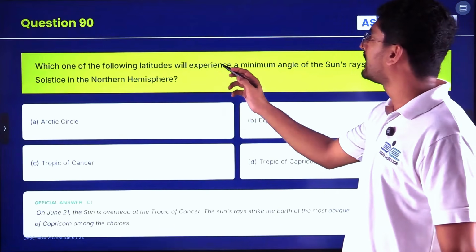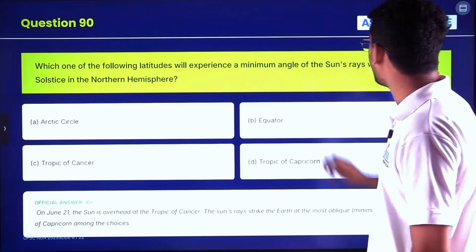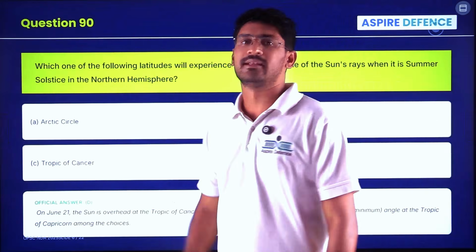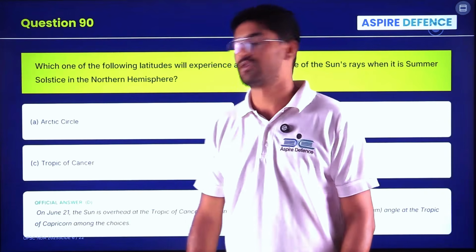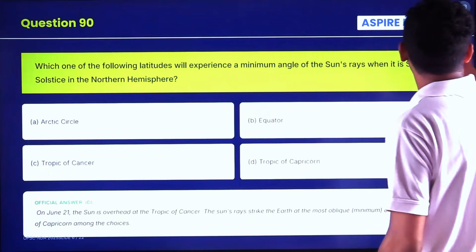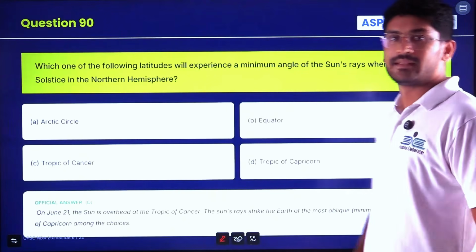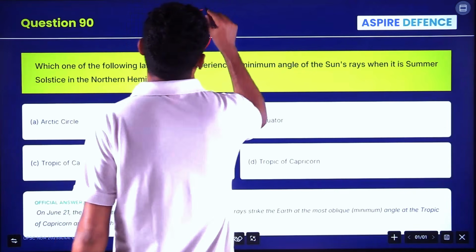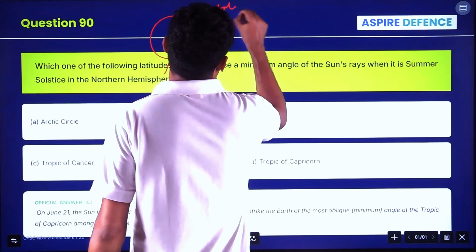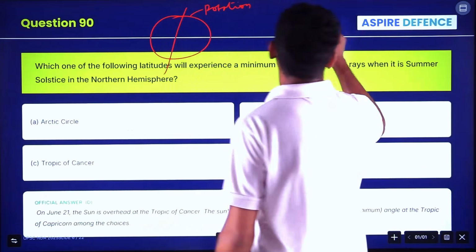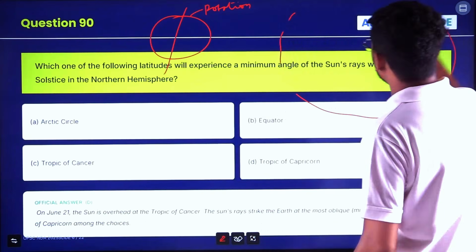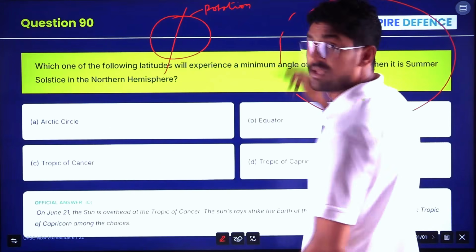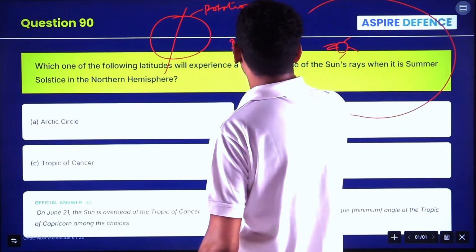Which one of the following latitudes will experience a minimum angle of the sun rays when it's summer solstice in the northern hemisphere? So what is summer solstice? You have to know there are 2 concepts. One is Earth's rotation, and one more is Earth's revolution around the sun.